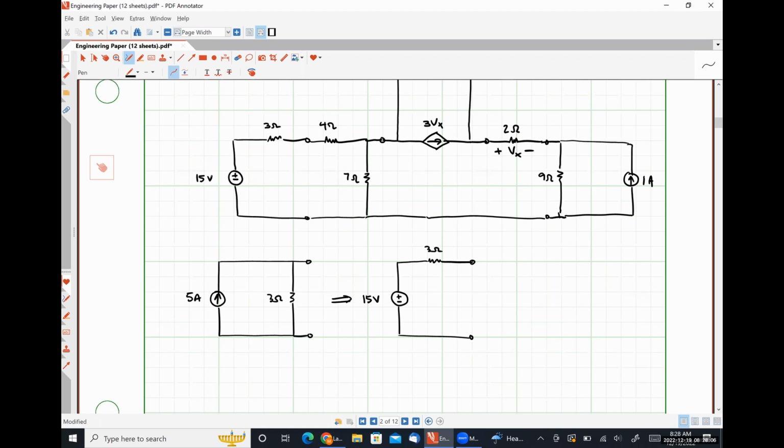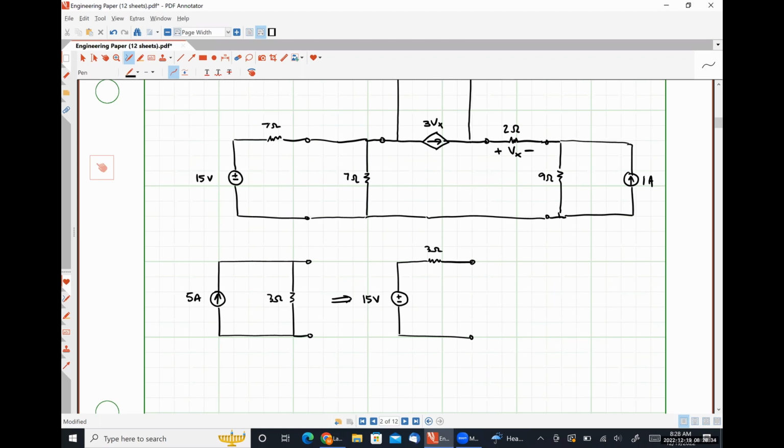So in this case, we have a 3 ohm resistor in series with a 4 ohm resistor. What's that going to look like? 7 ohms. So I'm going to erase this 4 ohm resistor. I'm going to make this a 7 ohm resistor here. And I got rid of that node I just created by combining those resistors.